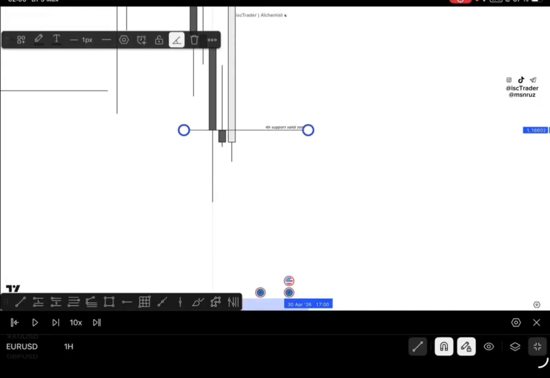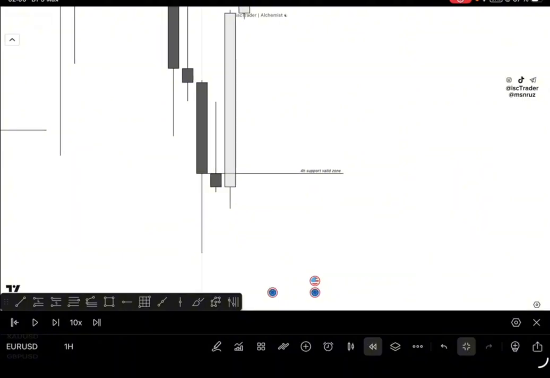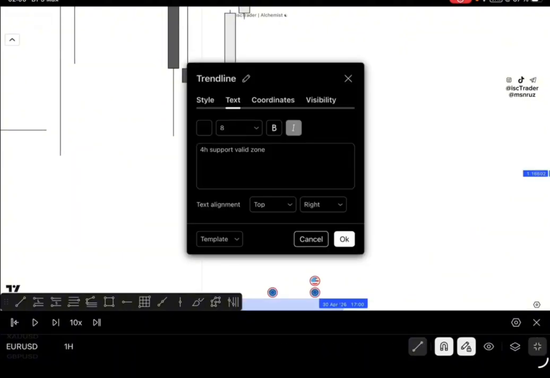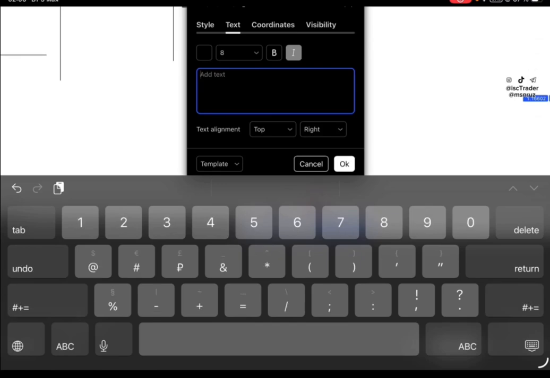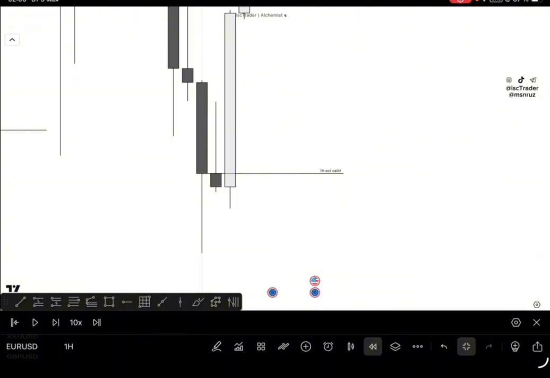On the 1-hour OCL, that is the open candle level, valid. Okay, our zone looks valid on the 1-hour chart as well.